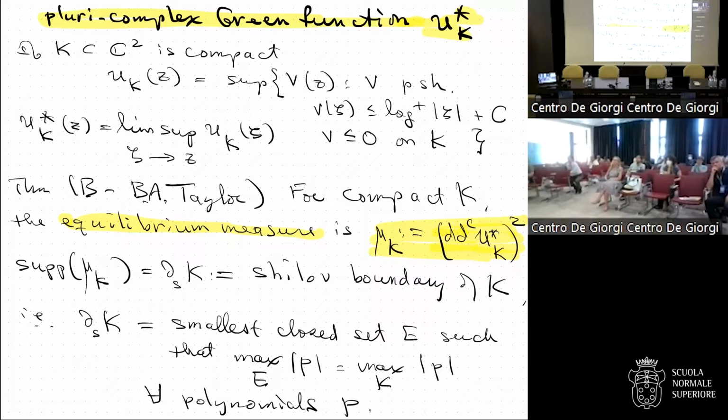For some length of time, people have talked about some kind of analog of the Green function in higher dimension. And if you want to have some holomorphic invariants, you need to work with something pluri-complex. You look at plurisubharmonic functions that have the right rate of growth, you make them less than or equal to 0 on K, and then take the supremum.